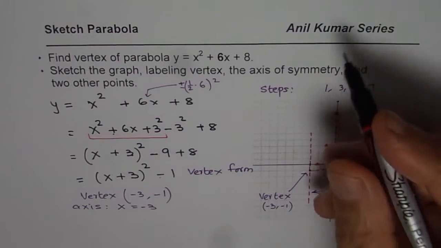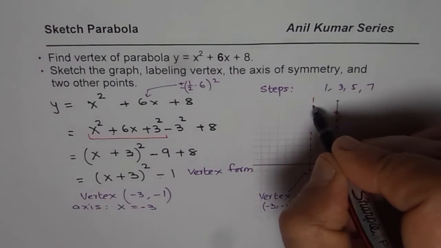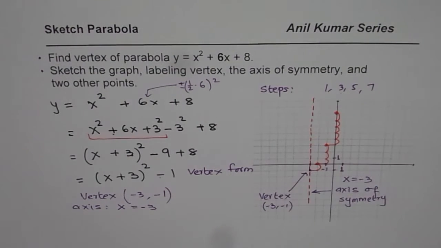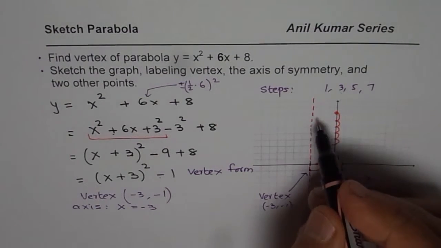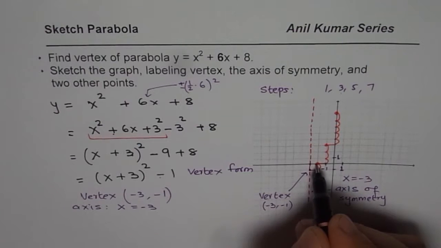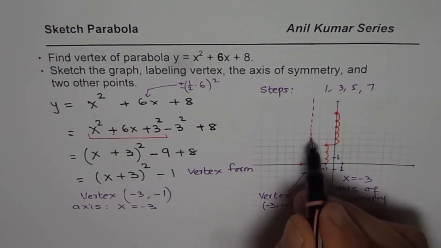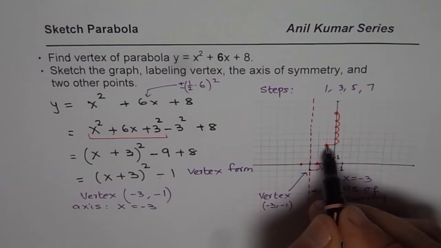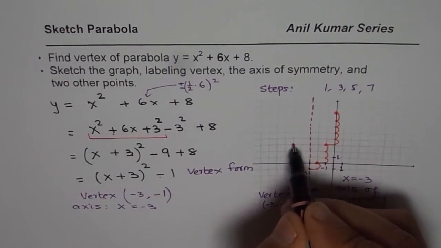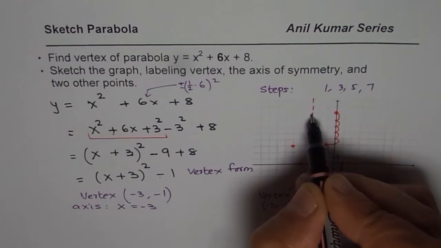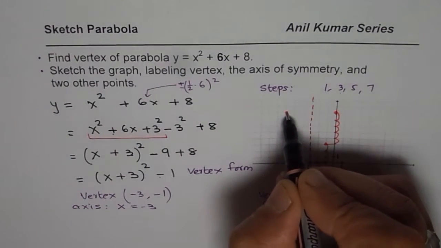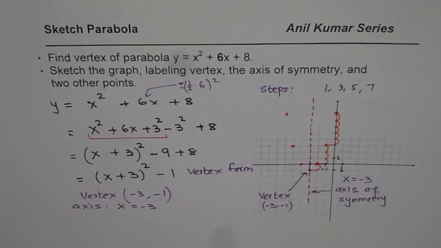Now let me extend this axis of symmetry. Since this is the axis of symmetry, all the points will be symmetrically aligned. So let's find mirror images of these points to get other points. This is 3 away, 1, 2, 3. So we get these points. Joining these points, we can sketch the parabola.